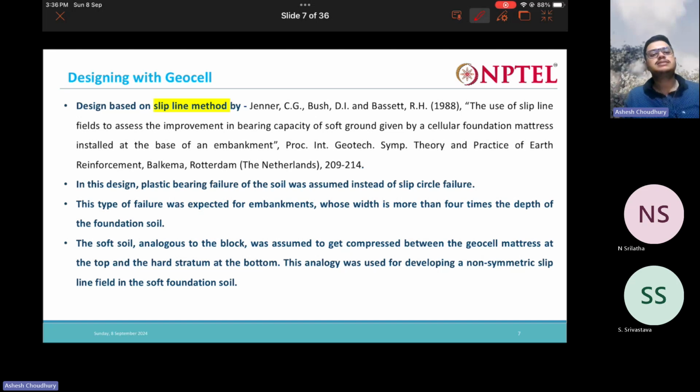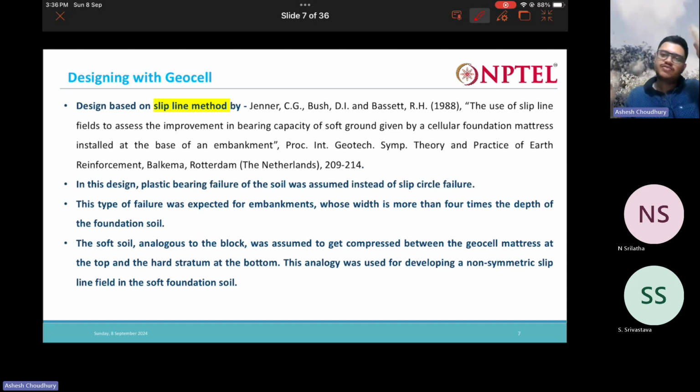In simple terms, you can think of the slip lines as a family of curves which denote the probable lines of failure.